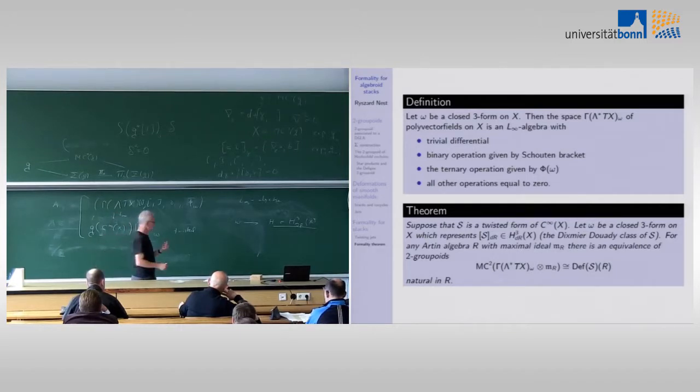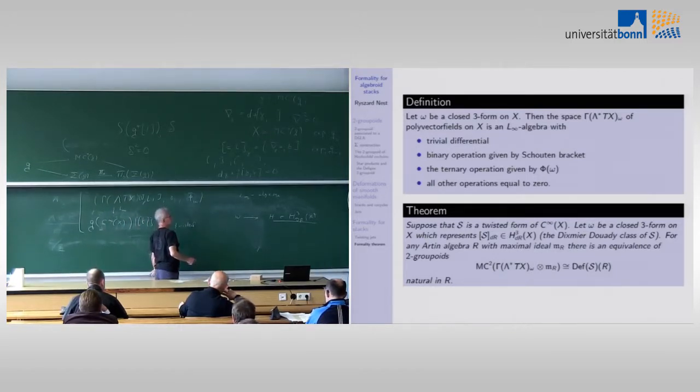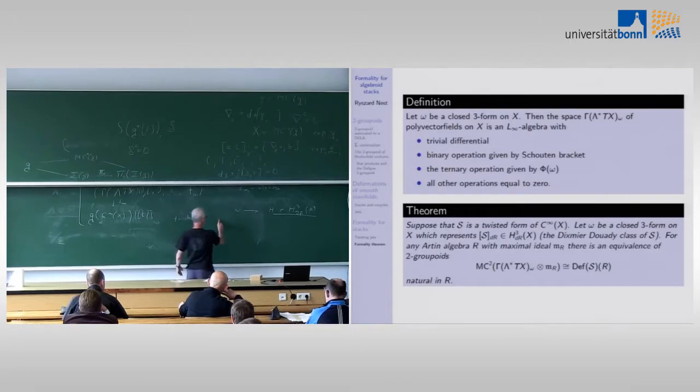So a three-form. Now, the ternary operation associated with this three-form omega, on pi 1, pi 2, pi 3, is as follows. I've got three polyvector fields. This is a three-form. It has three differentials, it's something like df, dg, dh. So what happens?